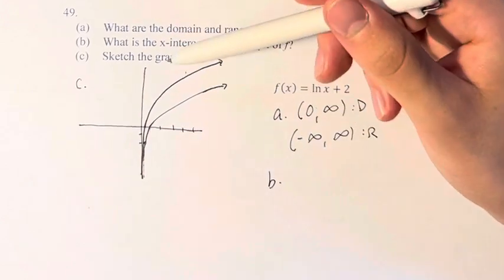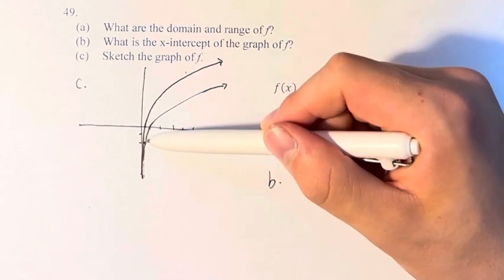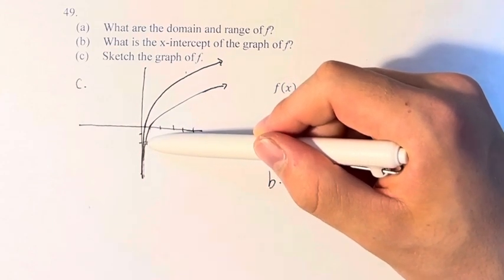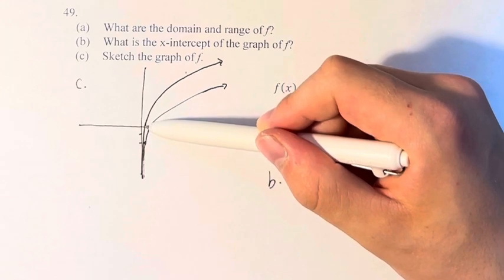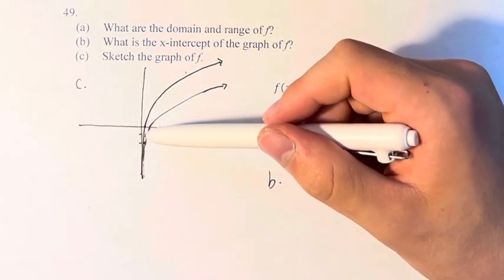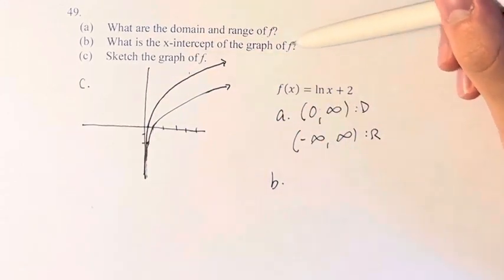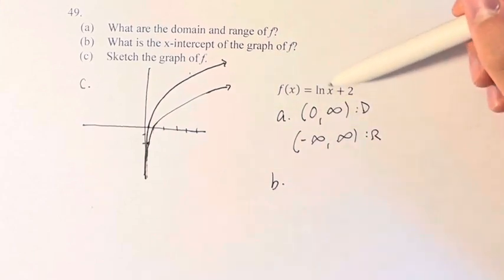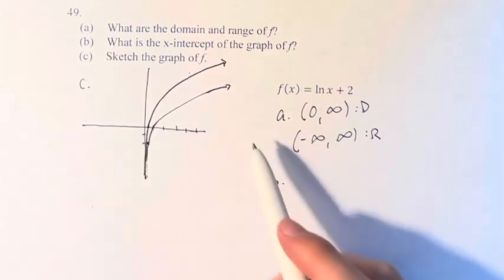What is different is the x-intercept. So at y equals negative 2, we have this value very close to 0. And so that becomes the new value of the x-intercept of this new function. The way we find this is just plug in y equals 0 for this function, because that is what the x-intercept is.